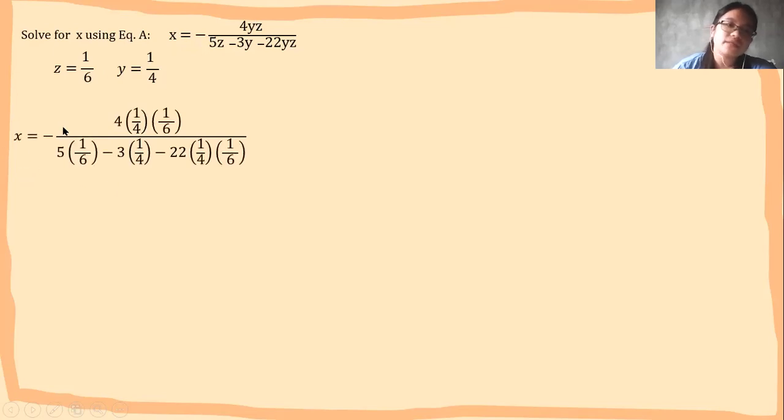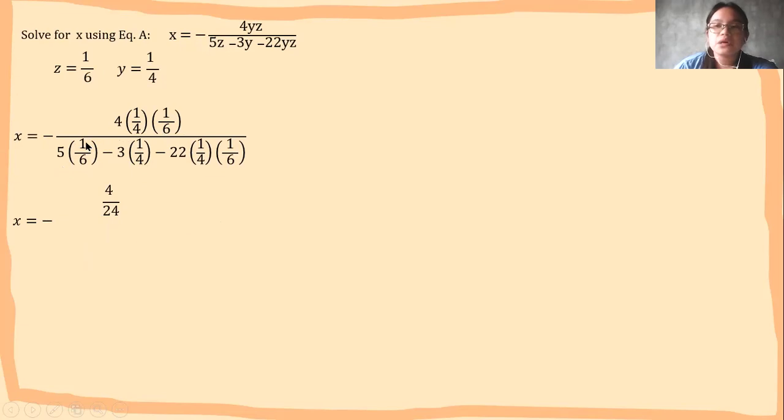So we have x is equal to negative 4 times 1/4 times 1/6 over 5 times 1/6 minus 3 over 1/4 minus 22 times 1/6 times 1/4. So we have 4 times 1 times 1, we have 4. So 4 times 6, we have 24. So we have 4 over 24.